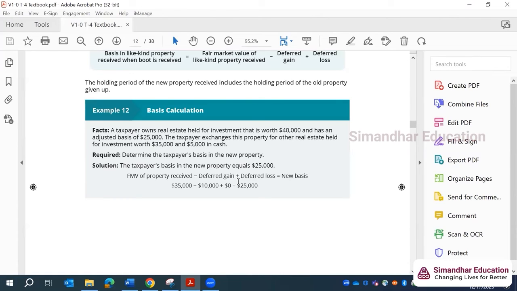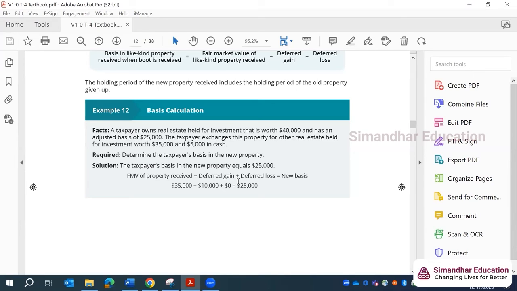So I have realized a gain of $15,000. Now, how much of the gain will I be able to defer? See, you are receiving $5,000 in cash.